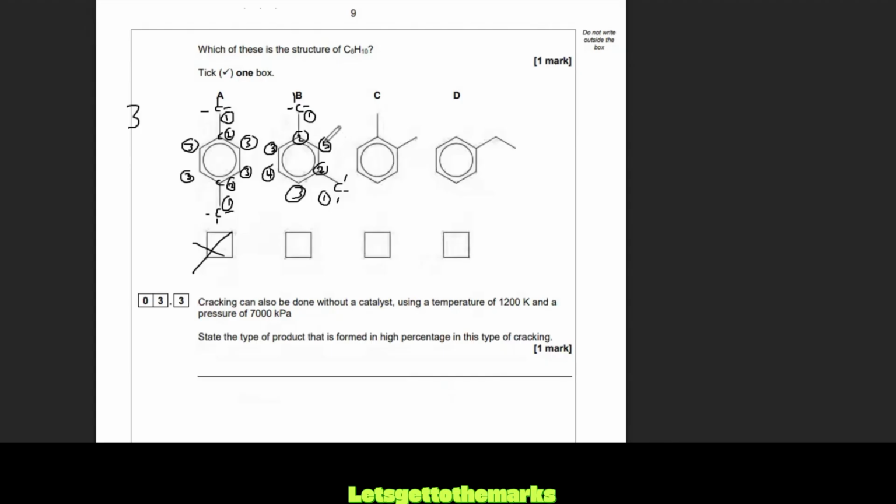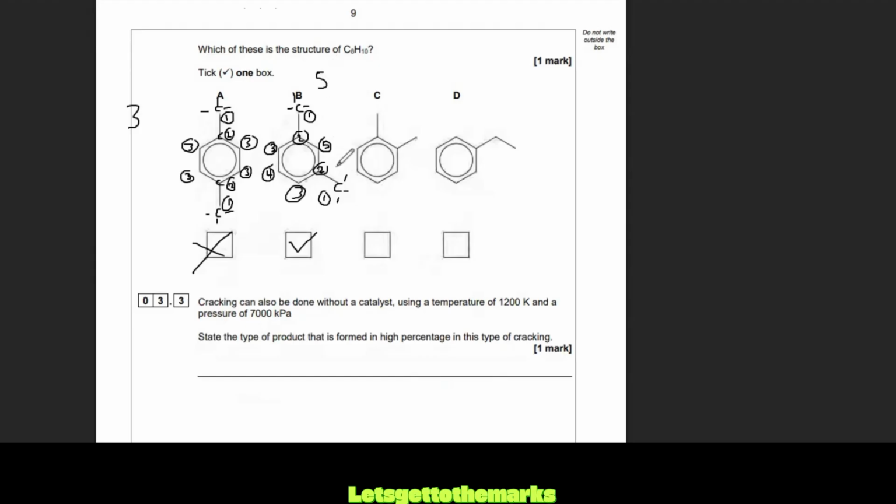Why is that different from everything else? There's no other carbon that has a carbon with a methyl coming off on its left and right. So that's unique. Now look at 4. Why is 4 unique and not the same as 3? No one else has a carbon, then a carbon with a methyl, a carbon, then a carbon with a methyl. No one else has that, so that's unique to that. So that is our correct answer because it has 5.